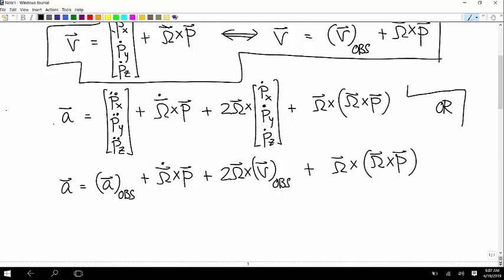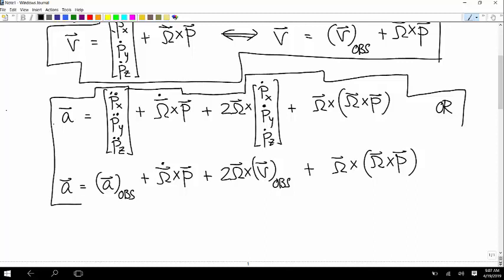And which one of these forms you use is just determined by what you're given in the problem.